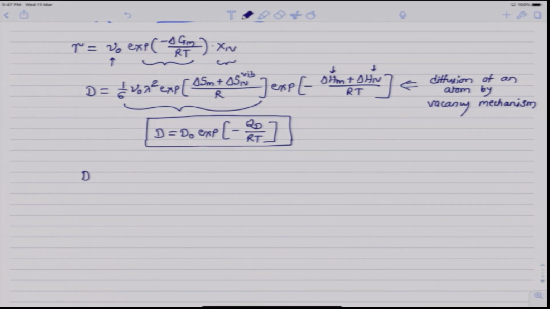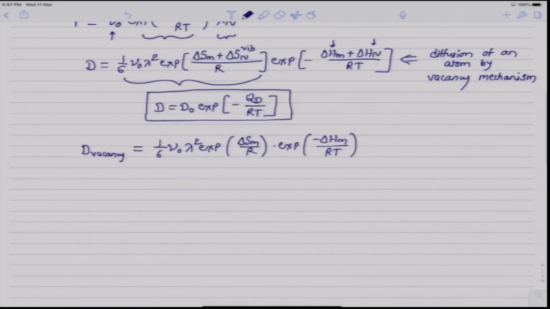And so, for a vacancy, we can write D vacancy is equal to 1/6 nu 0 lambda square exponential delta Sm over R times exponential minus delta Hm by RT.